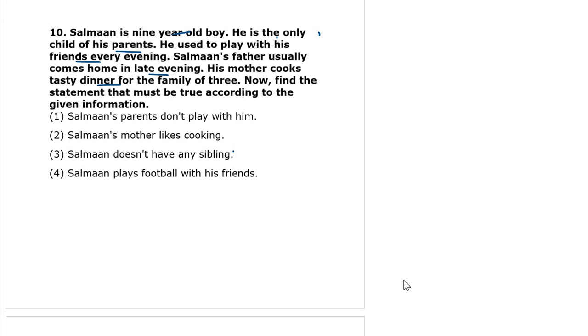Related to this paragraph, which one is correct? Parents don't play, this one is not given. Mothers like cooking, that is also not given. This one is given, no sibling. Doesn't have any sibling because it is given only one child. So this is correct. Correct answer is Salman has no siblings.